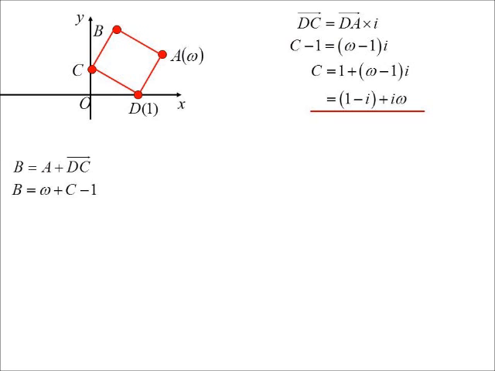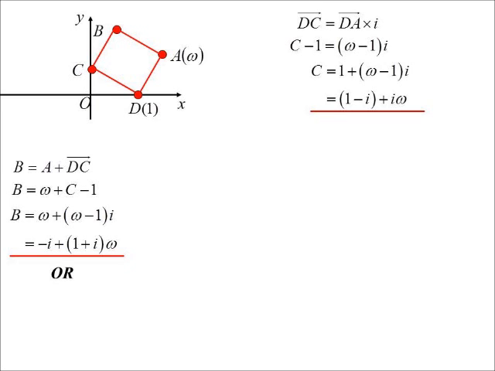So the point A is just omega, that's going to end up being the endpoint, and then plus C minus 1. We said this vector was C minus 1. C we've just worked out. Mind you, to save a little bit of time, rather than putting in that one, I subbed in, didn't I? I factorised it a bit. There it is.